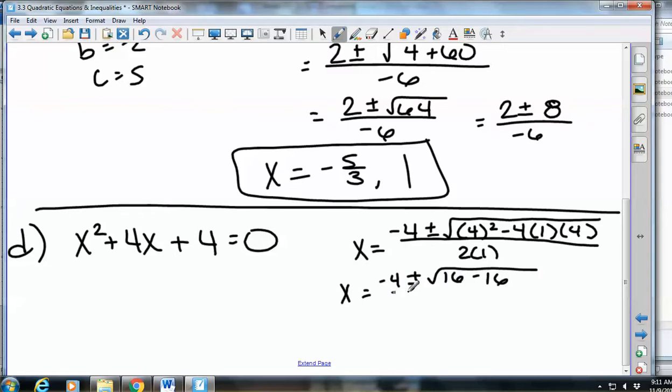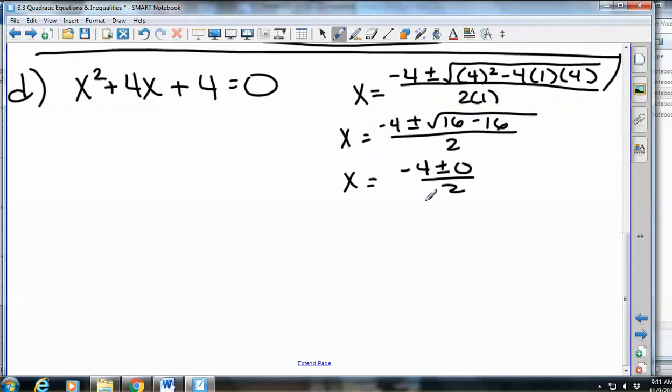I get 16 minus 16 under my radical. What happens there? The 16s cancel. So what you really have is -4 plus or minus 0 over 2. -4 plus 0 divided by 2 is -2. -4 minus 0 divided by 2 is -2. So this is like a multiplicity of 2.